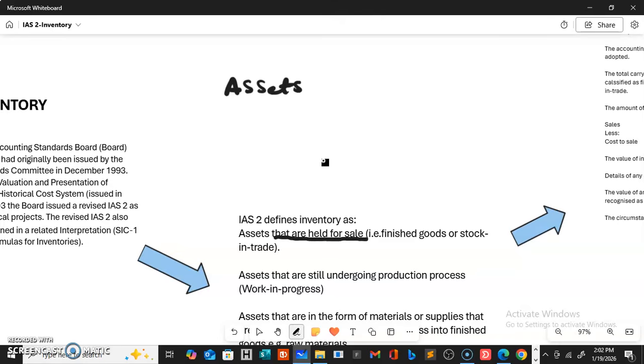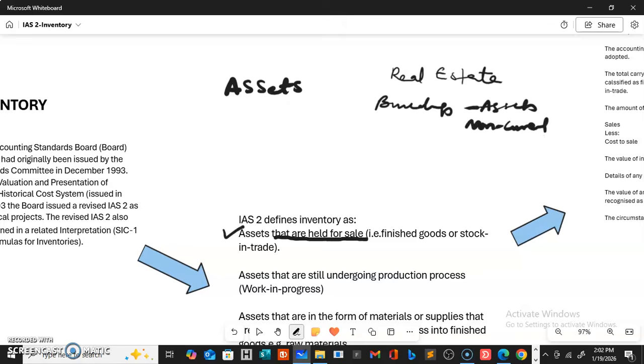Now I'm going to explain that to you before we move on to the next definition of inventory, okay? When we talk about some business sectors like the real estate business, we know that buildings are assets, and these assets are what we call non-current assets. But in the case of real estate, these assets are being held for sale.